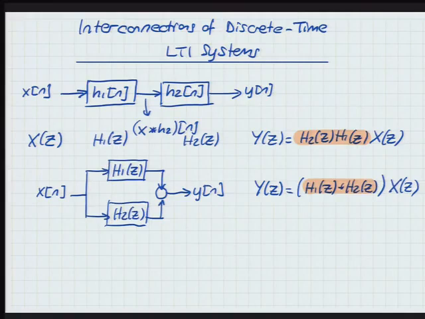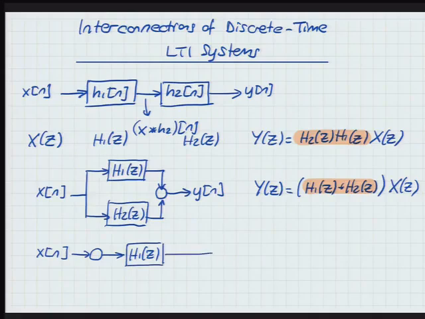The third one, which is slightly more interesting, but we saw it before, so it won't be that interesting after all, is the feedback interconnection, where let's say we have H1 of Z in the feed forward, and that gives us Y of n at the output, and then a negative feedback with H2 of Z in the feedback loop.